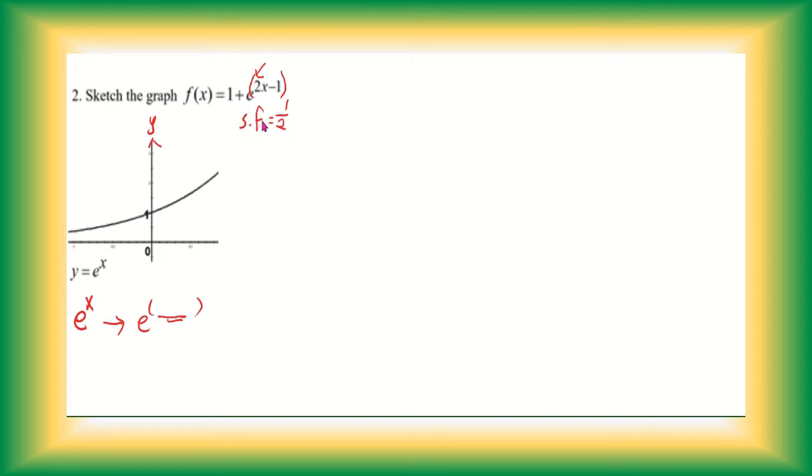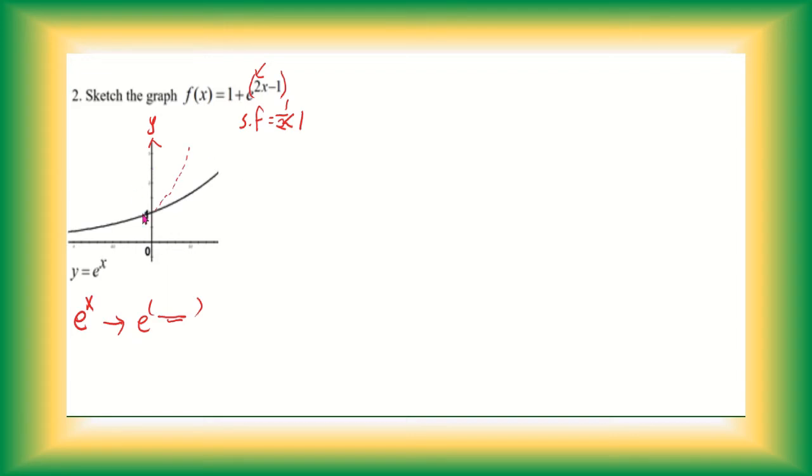The scale factor is 1 over 2, which is less than 1. So the image of the curve, compared with the object, is in between the object and the center, which is somewhere here.